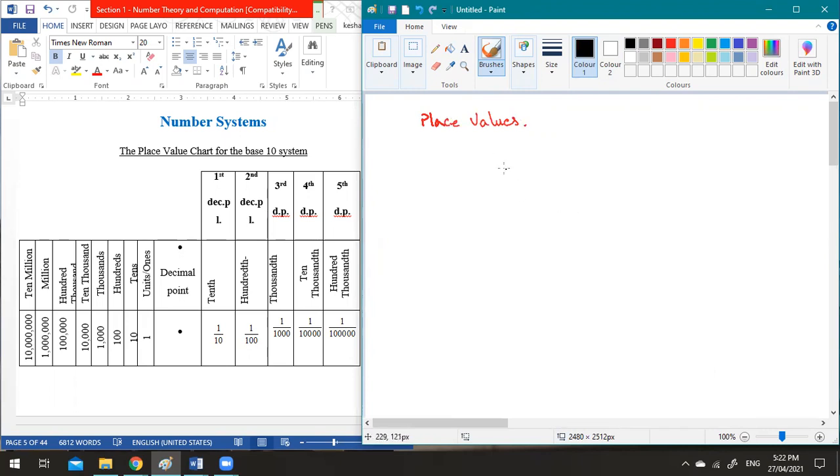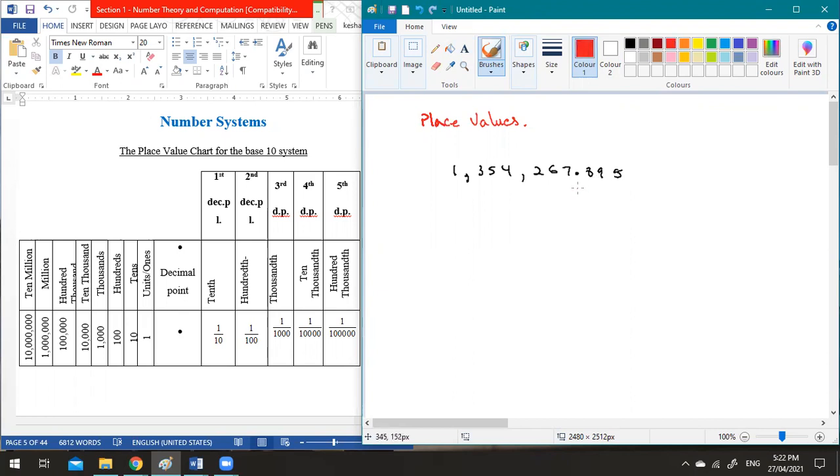If we give one alone, we need to know what the place value is.